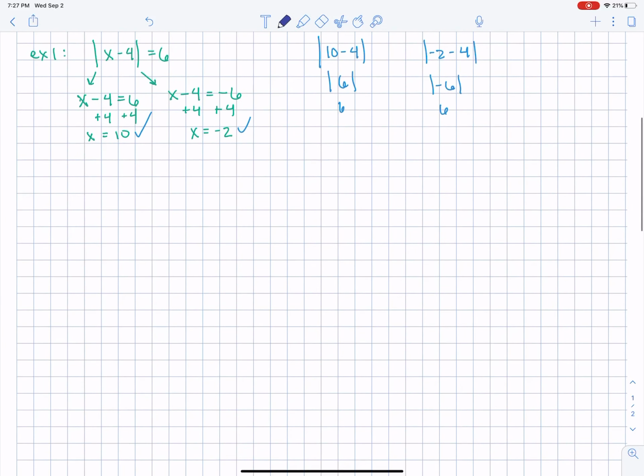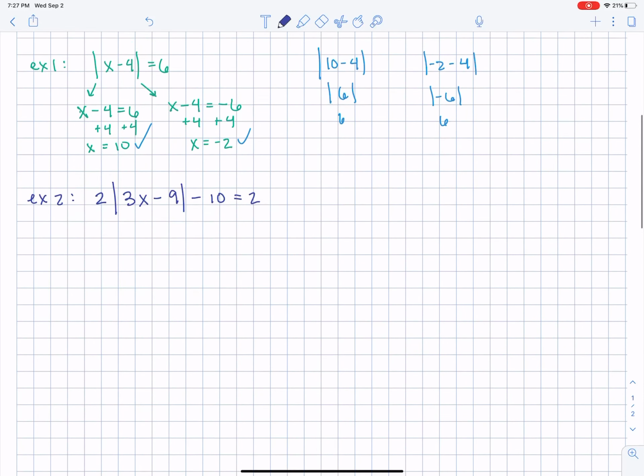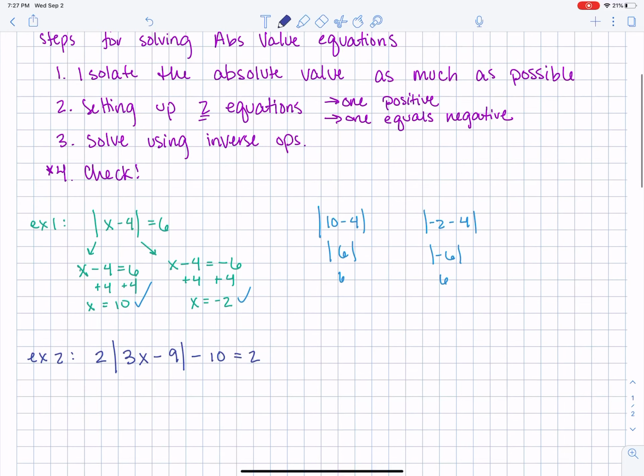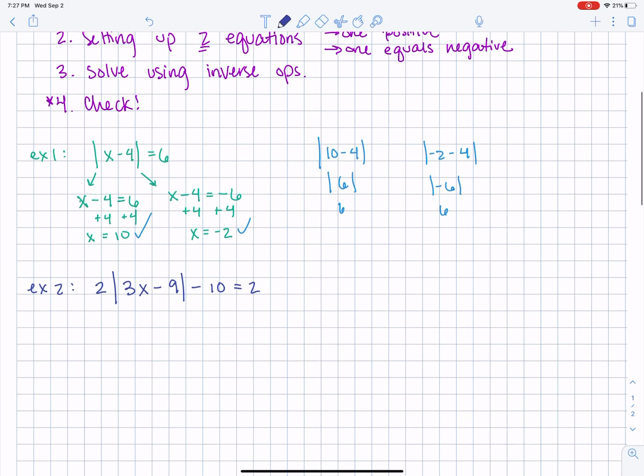I'll leave that there. So example 2: 2 times the absolute value of 3x minus 9, minus 10 is equal to 2. If I scroll back up a little bit, you guys have this on your paper: number 1 is to isolate the absolute value.